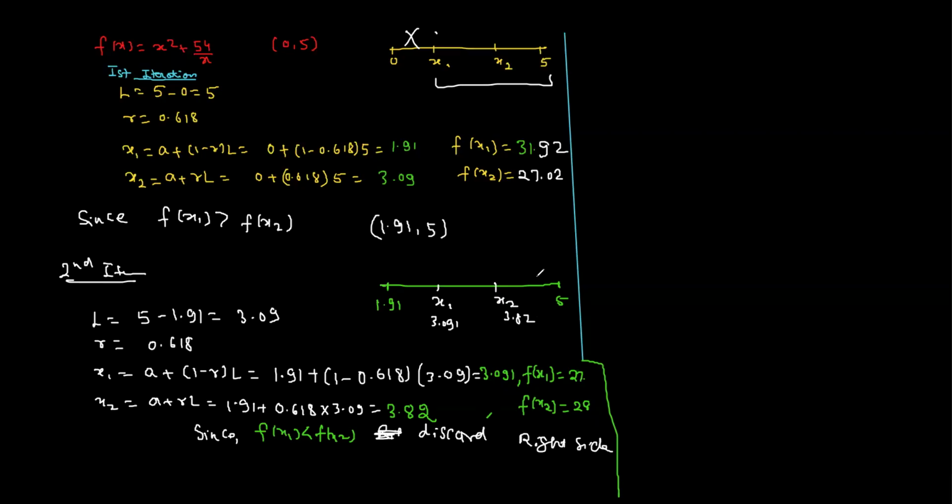New interval becomes, when you discard from this to this, right? Understood? So the new interval becomes 1.91 to 3.82. In the third iteration, draw this.